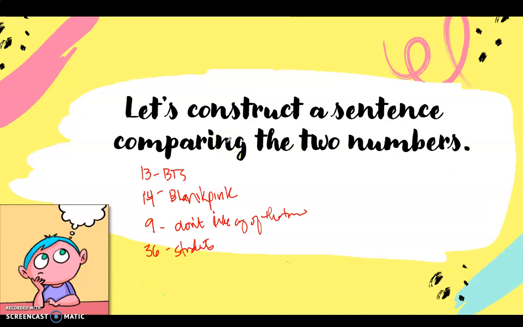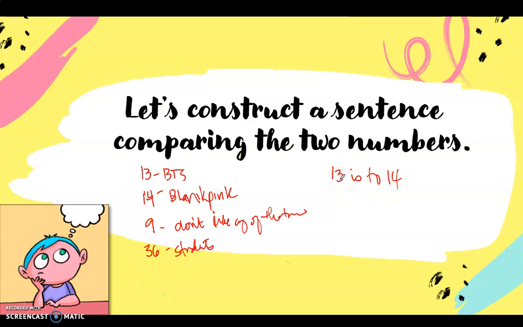Now, if we are going to compare these numbers, for example, compare the students who love BTS to students who love Blackpink, we can say that it is 13 is to 14.